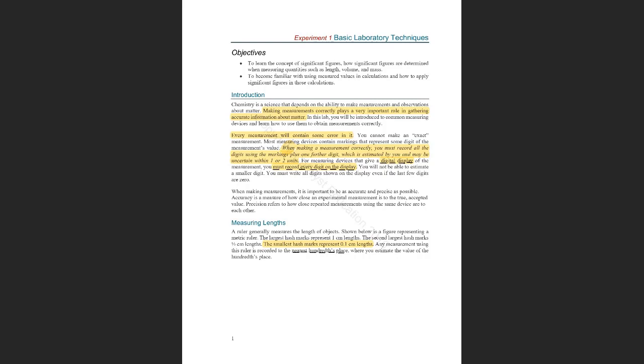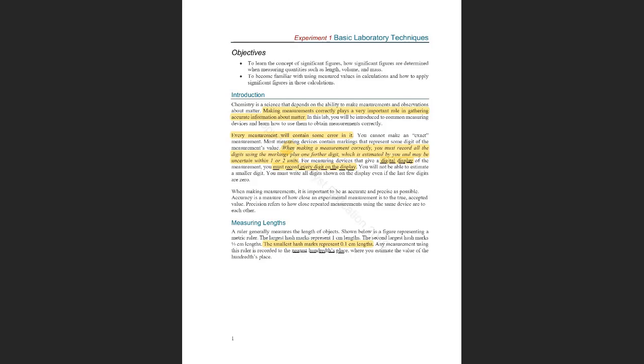So we will learn in this workshop how to make measurements correctly with the accurate number of sig figs and how to apply those measurements in calculations.